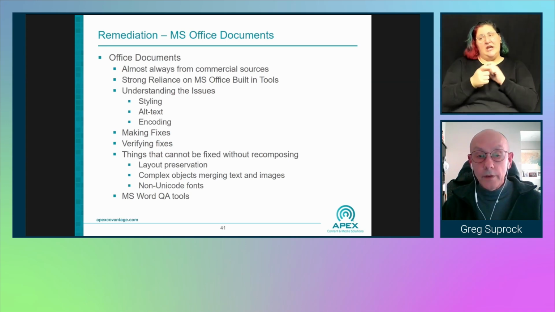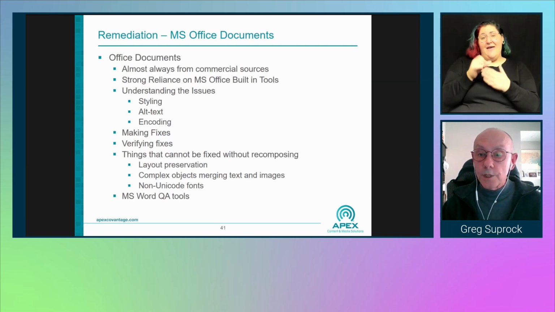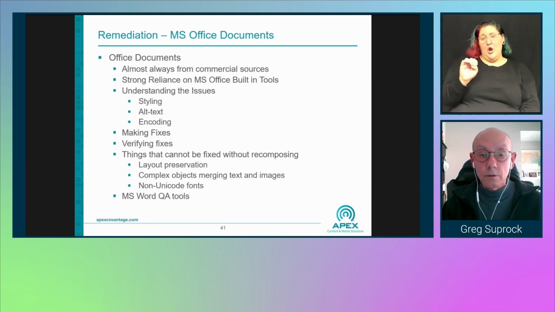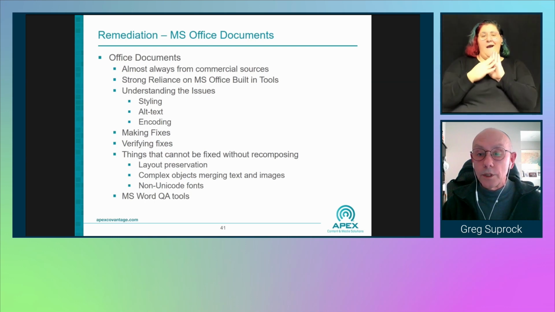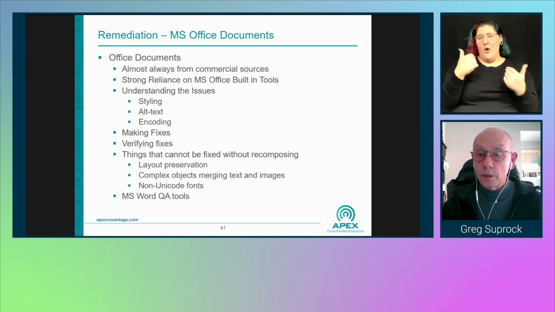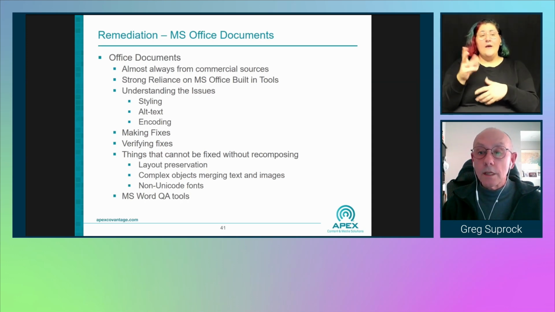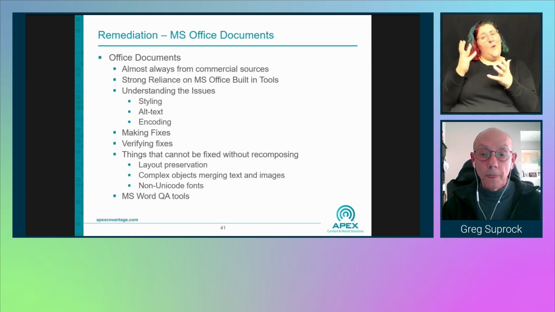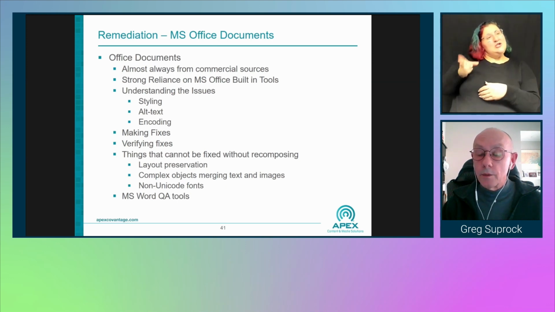In the case of non-Unicode fonts that are replicating, say, old characters, there are several foreign language font sets that are out there that are still non-Unicode. They have a look and feel that the author wants to preserve because it's necessary for historical purposes, but they may not work in an accessible document going forward.